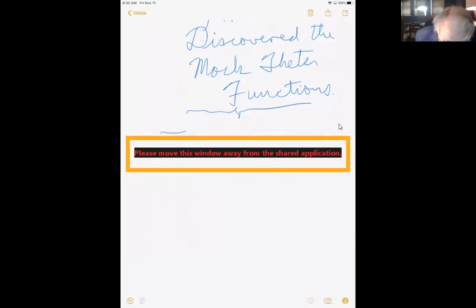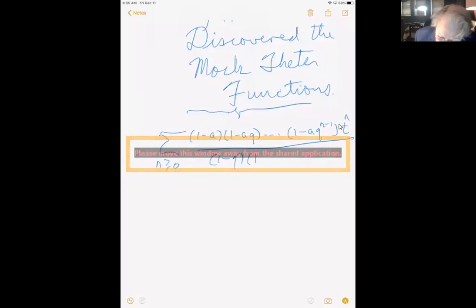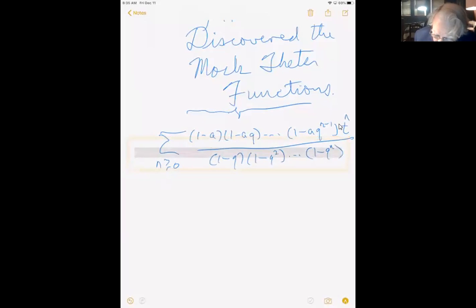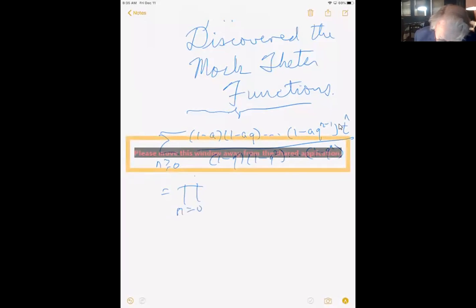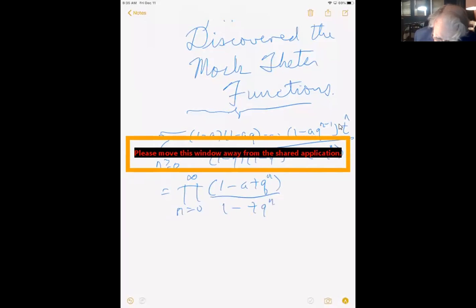And the theorem is this: the summation n greater than or equal to 0 of (1 minus a)(1 minus aq) dot dot dot (1 minus a q to the n minus 1) t to the n divided by (1 minus q)(1 minus q squared) to (1 minus q to the n) equals an infinite product, n equals 0 to infinity, of (1 minus a t q to the n) divided by (1 minus t q to the n).